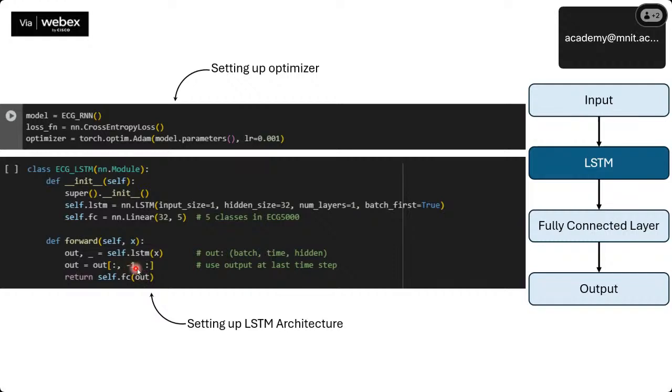Basically, at the end of this, you'll have 32 as the input because the hidden size is 32, and then you'll have the information about the classes. All those things will be reflected after we process the entire thing.